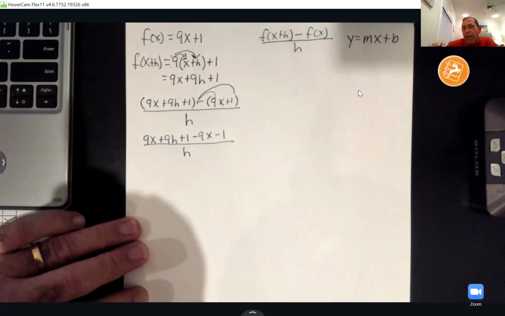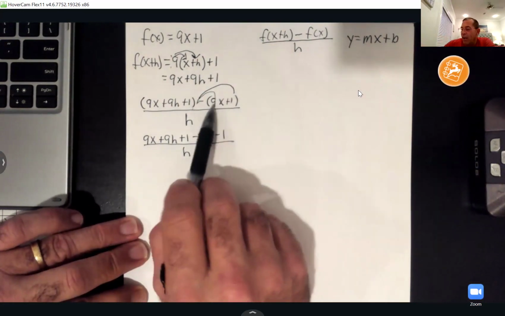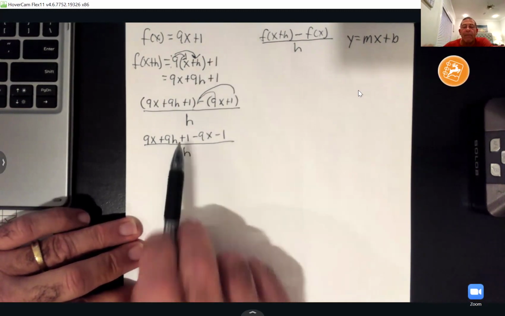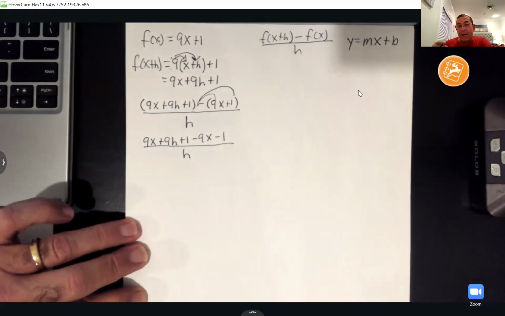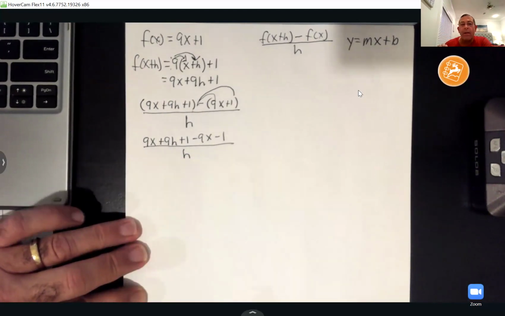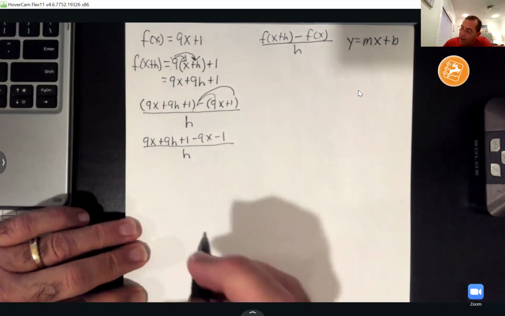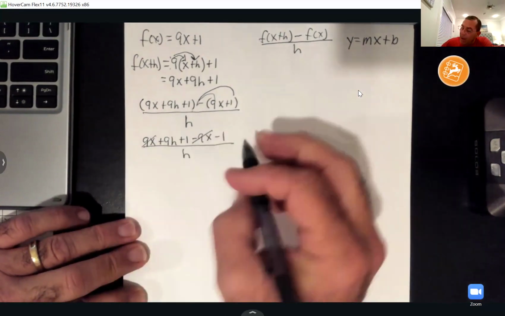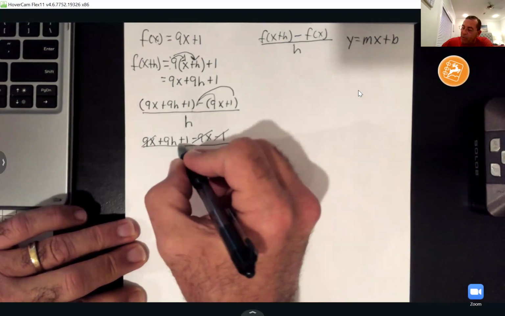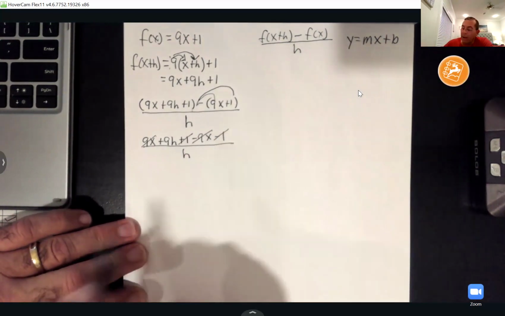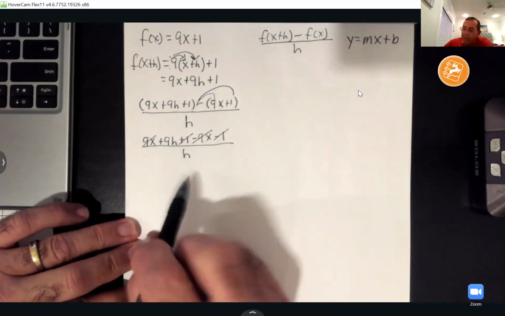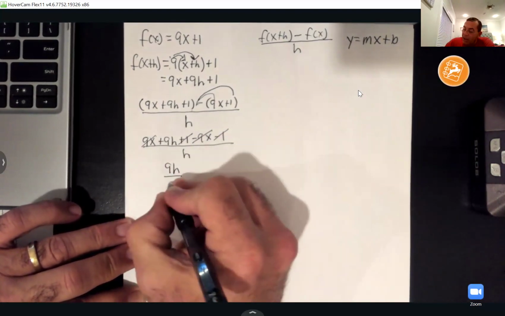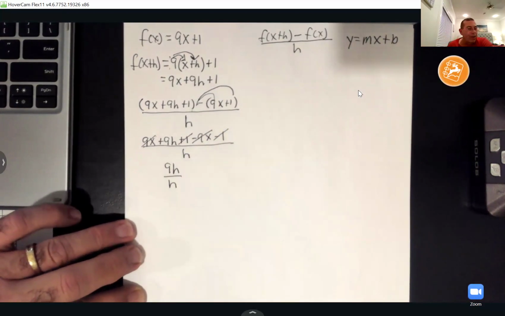But y'all, you also realized the other day, everything that comes out of the second parentheses is going to cancel out. All that we're going to have left at this point on top has to have an h in it, okay? So see this negative 9x cancels with the 9x. This negative 1 cancels with a positive 1. Y'all, all that's left on top is the 9h over the h on the bottom.